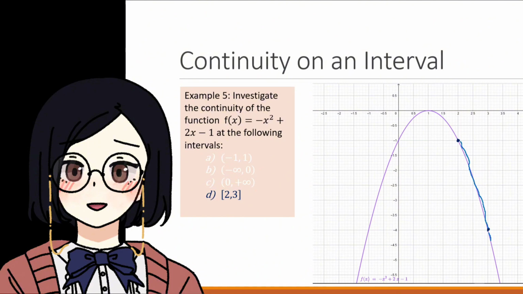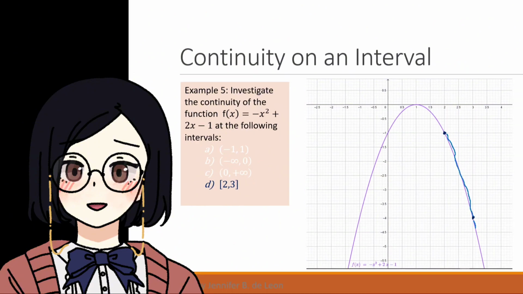We trace this function from the left of 3, and we can trace the graph continuously from the right of 2 and from the left of 3 without lifting our hand. So therefore, we can say that f of x is continuous on the interval from 2 to 3.